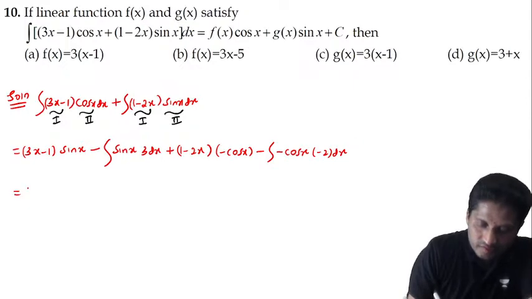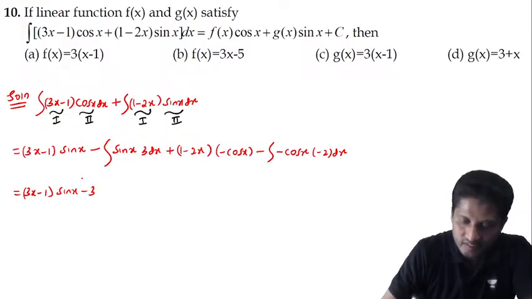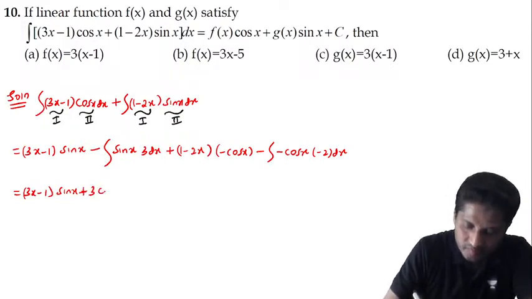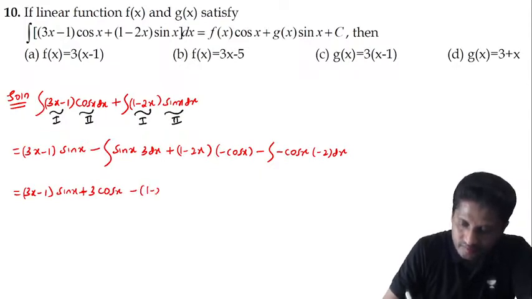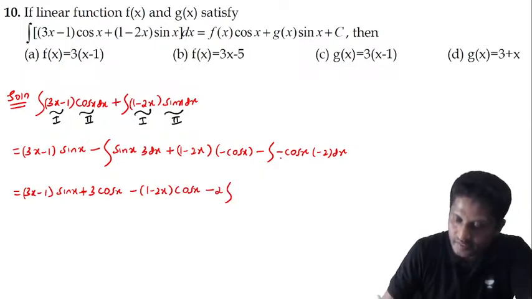So this is equal to 3x minus 1 into sin x, minus 3 times the integration of sine, which is minus cos, so this becomes plus cos. Minus of 1 minus 2x into cos x. This is minus 2 into this; minus and minus will be plus.